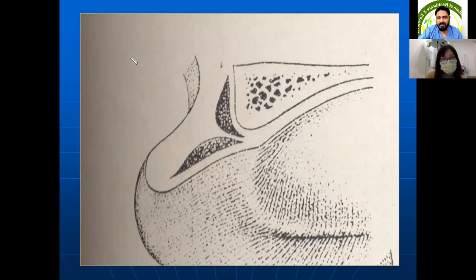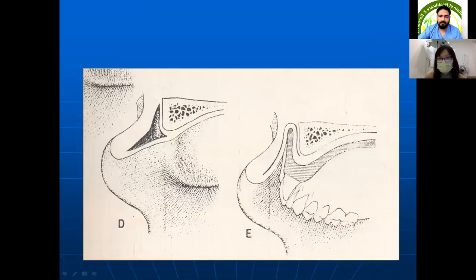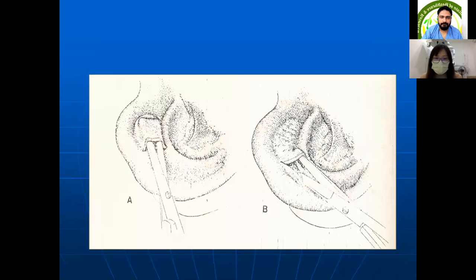Now when both the sides are tunneled down, this is the alveolar bone, and now you have attained the depth like this in the vestibule. Dissection on both the sides.